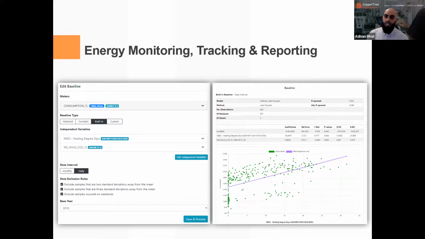And shown in this slide is the linear regression modeling for buildings energy baseline using historical consumption data and using two independent variables. In this particular case, we are using heating degree days and CO2, which is an implicit occupant sensing device.